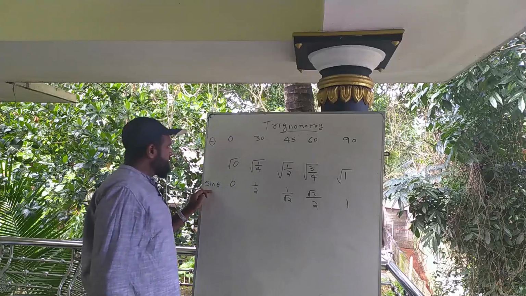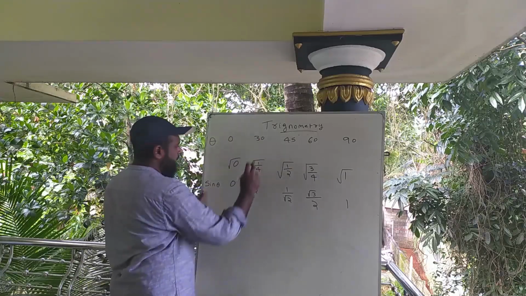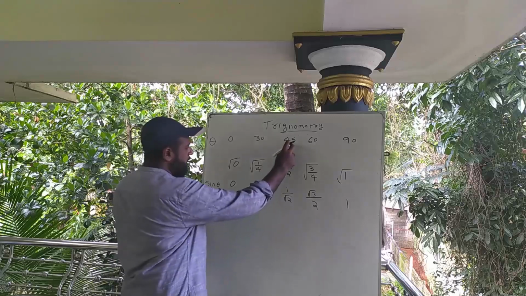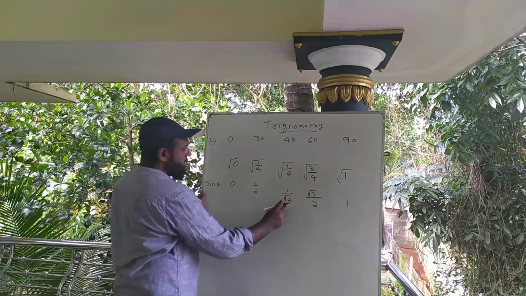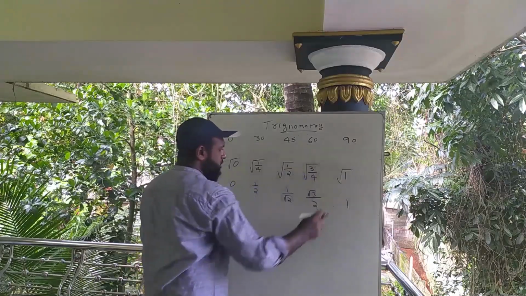So, sin 0 equal to 0, sin 30 equal to 1 by 2, sin 45 equal to 1 by root 2, sin 60 equal to root 3 by 2 and sin 90 equal to 1.